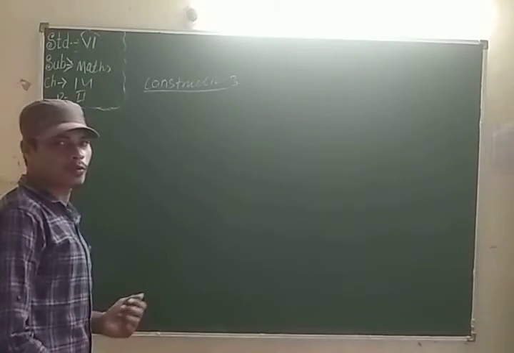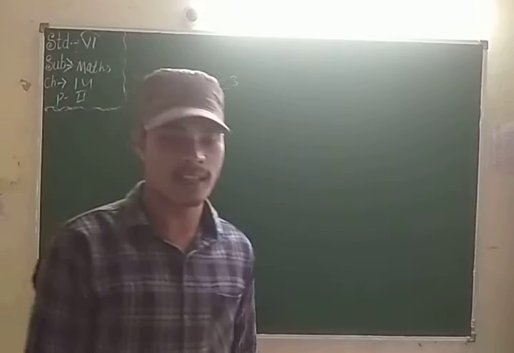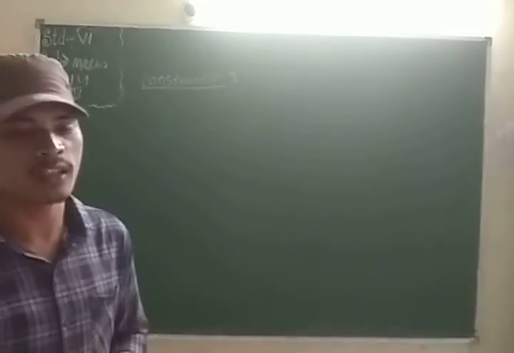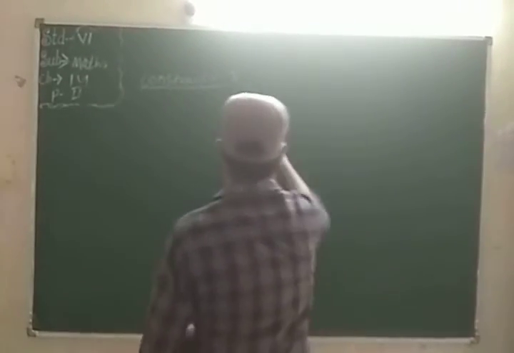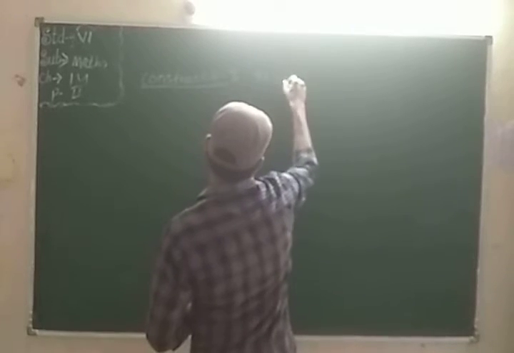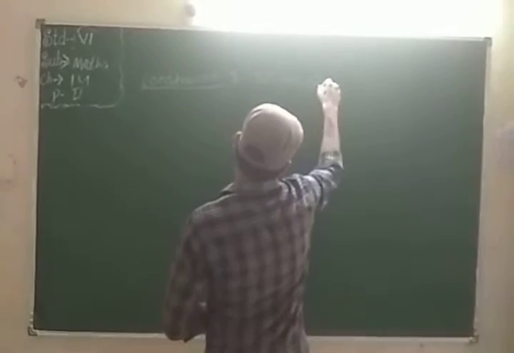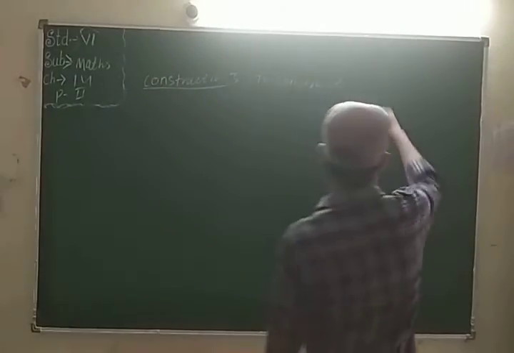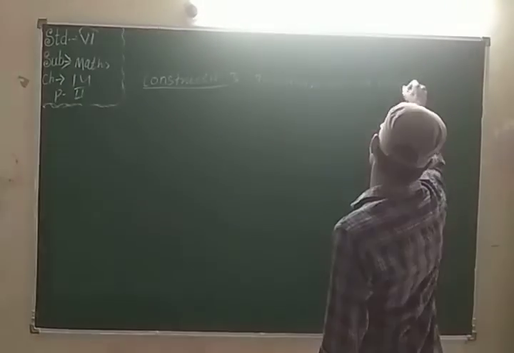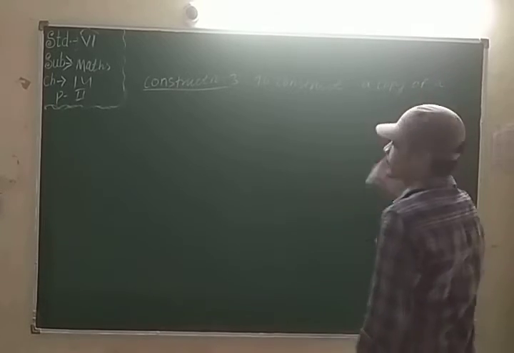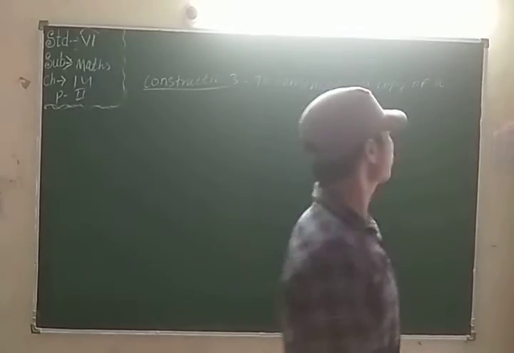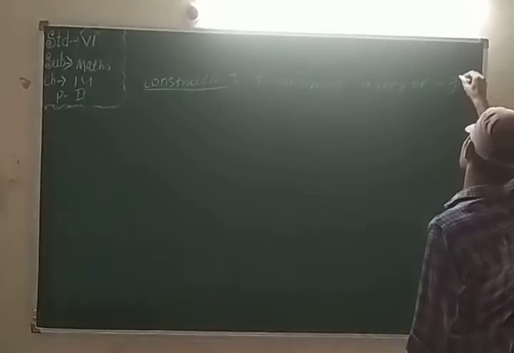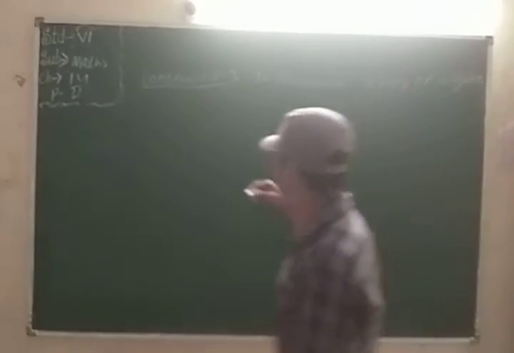The first construction we learned was the circle, the second was the line segment, and the third is to construct a copy of a given line segment.